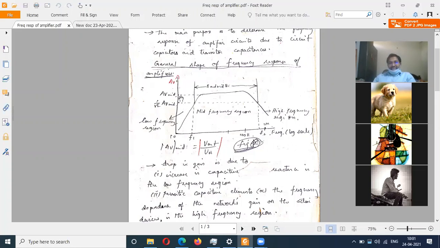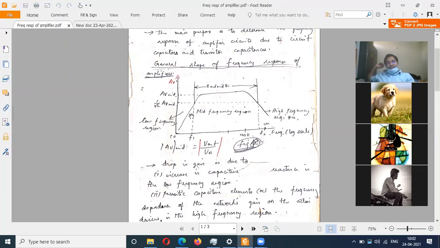This changing behavior of gain with respect to frequency is due to what? Answer please. I told you already. This changing behavior, where with respect to frequency the gain is actually changing, it is not constant like here, isn't it?